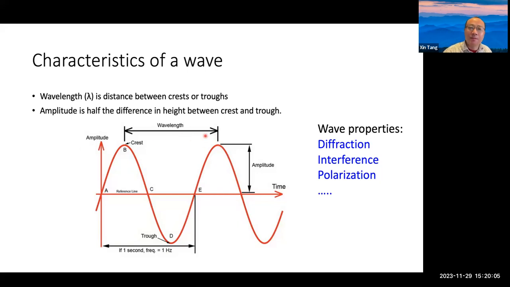Okay, then it will become wider. We have a video in the next few slides, and you will see that. So this is called diffraction, and that will cause the image to be larger.